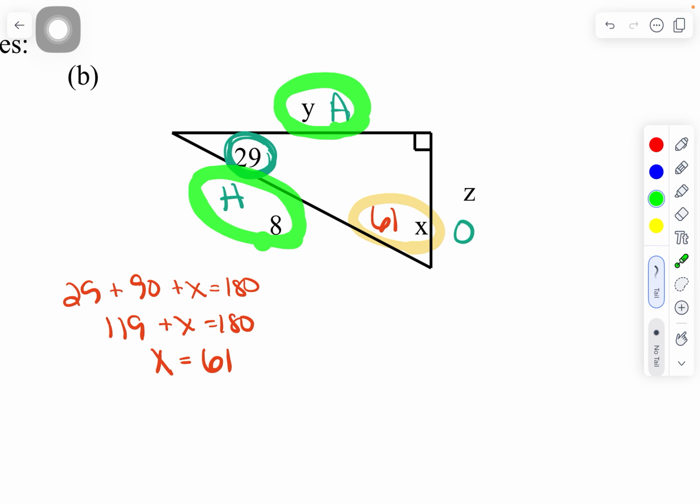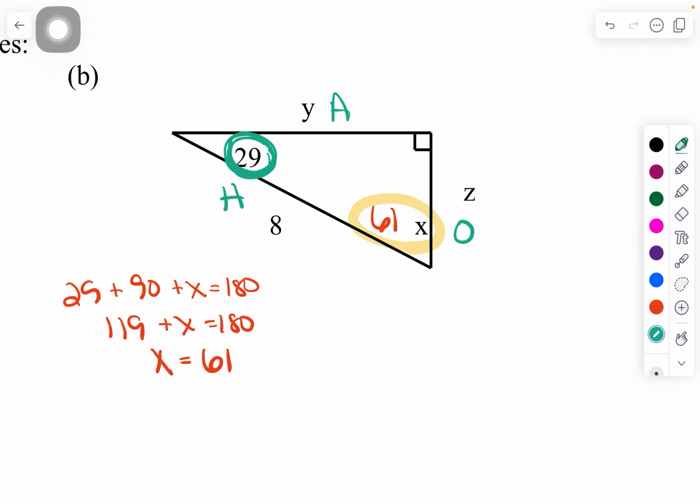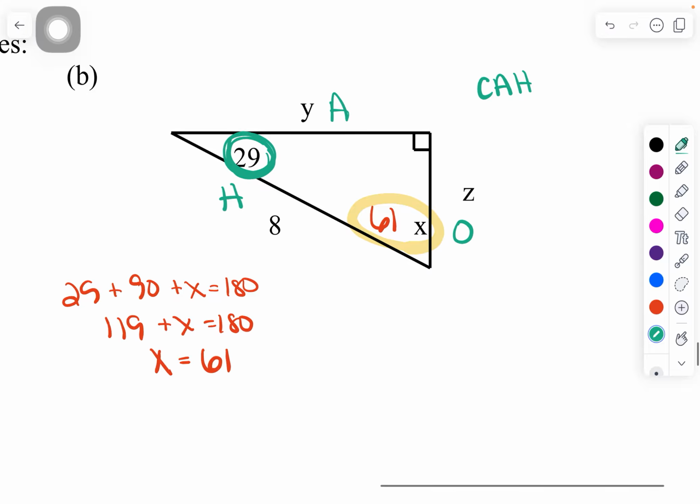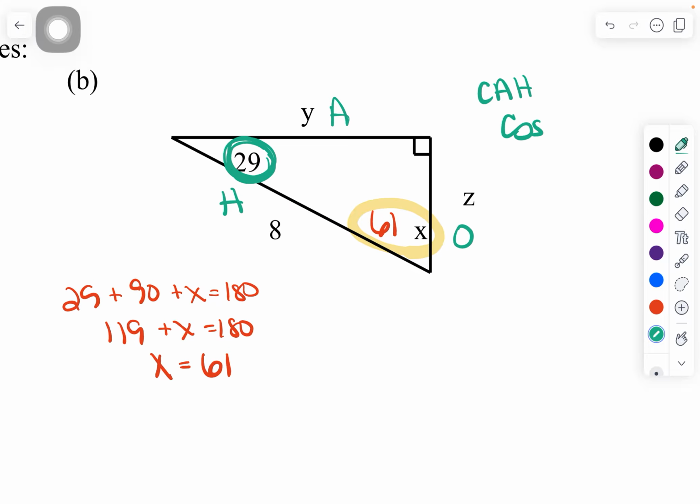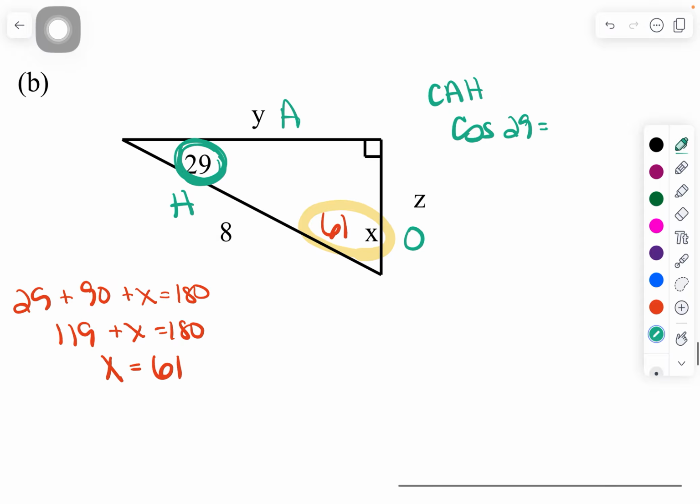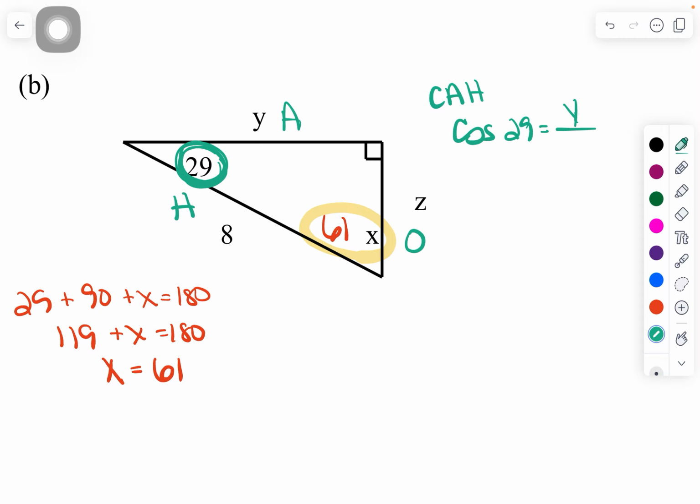8 is the hypotenuse. Adjacent and hypotenuse use CAH, which is going to be the cosine of 29 degrees equals adjacent, which is y, over 8. So cross multiply here. We're going to get y is equal to 8 cosine of 29.